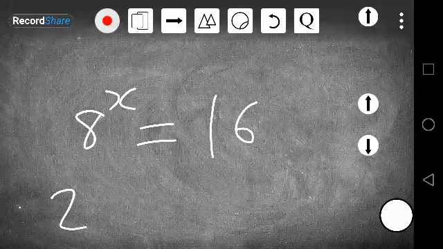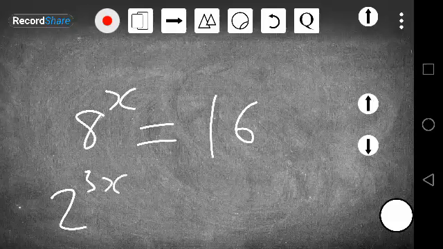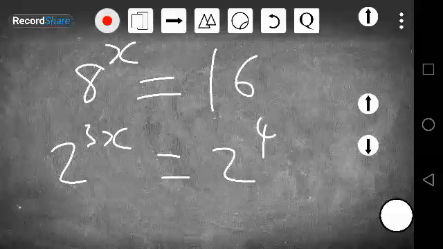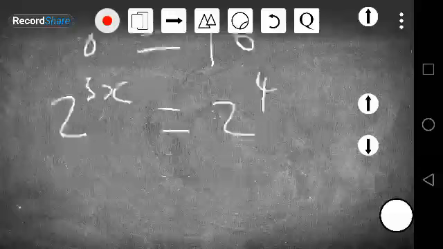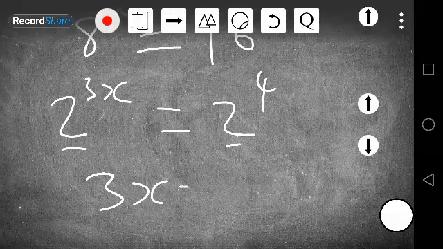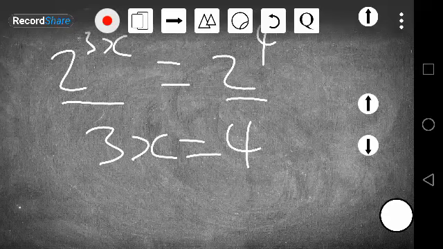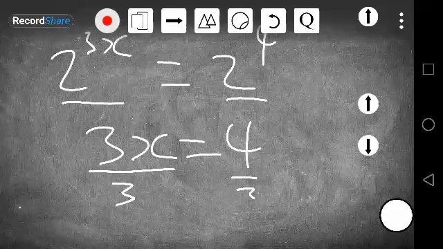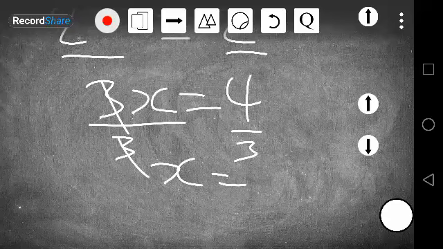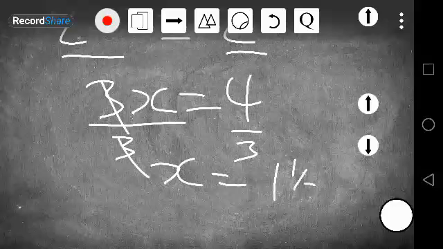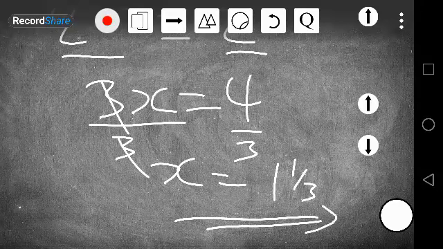So this becomes 2 to the power 3x is equal to 2 to the power 4, since 16 is equivalent to 2 to the power 4. Our bases are the same, both 2, so the powers must be equal. So 3x will be equal to 4. We now divide both sides by 3. So x will be equal to 4 over 3, which is 1 and 1/3.